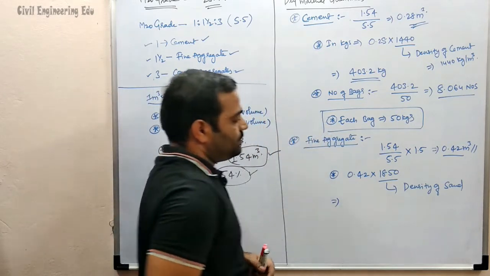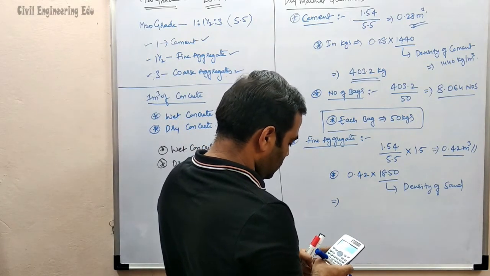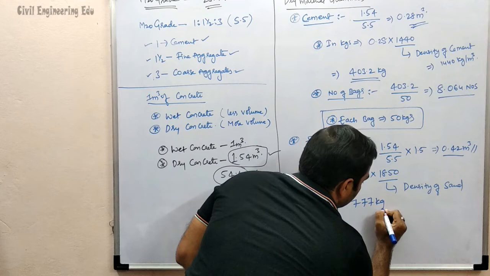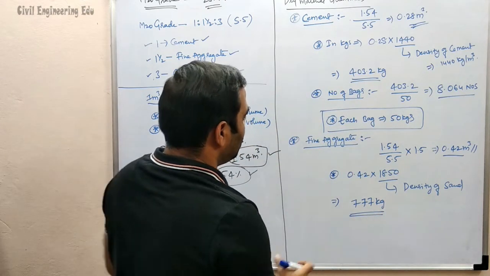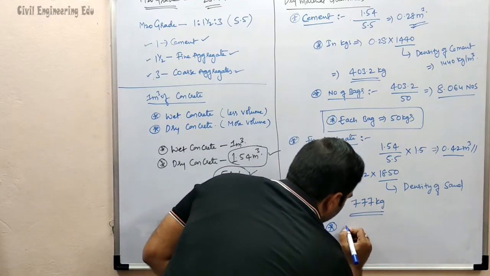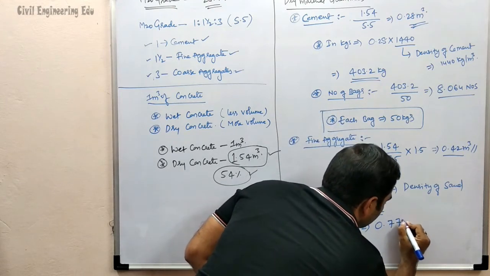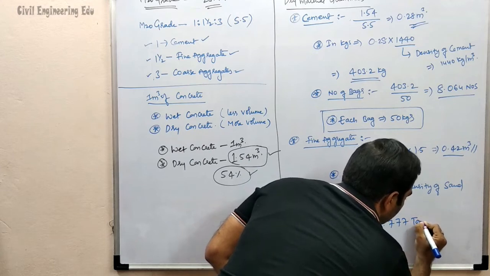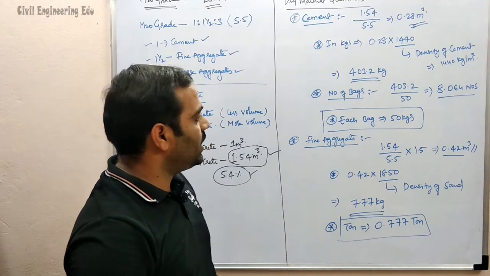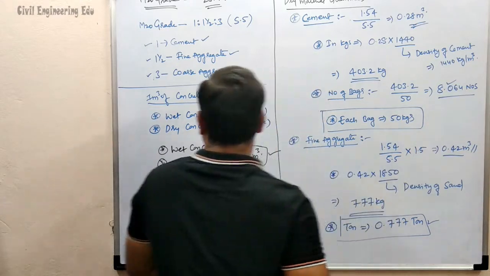So here you will get 0.42 into 1850, 777 kg is our solution. It is in kgs. Now I want this in tons. So tons is equal to 0.777 ton. So this is the solution for fine aggregates. So we got the quantity as 0.777 tons and here 8.06 bags.